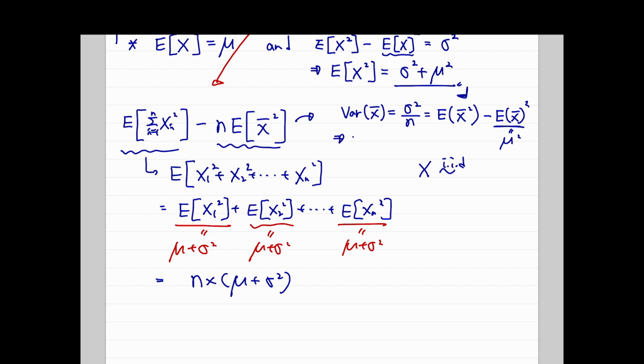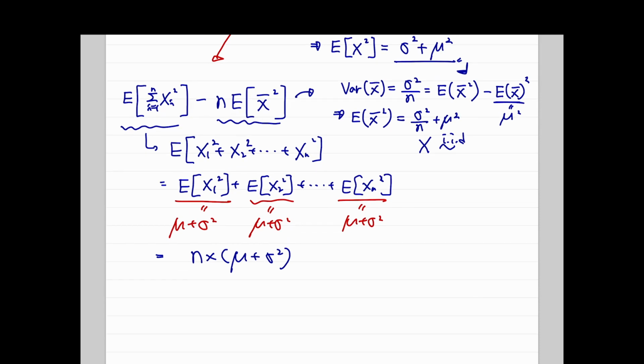So the expected value of x bar square equals sigma square over n plus mu square. Just like this.